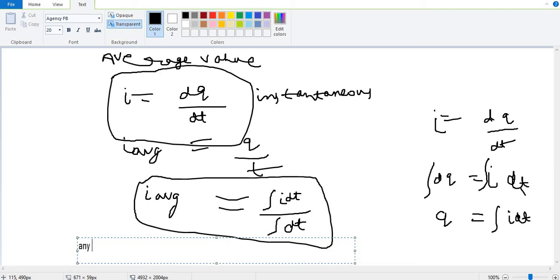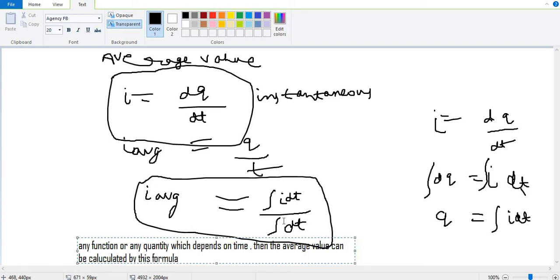Any function or any quantity which depends on time, then the average value can be calculated by using this formula.